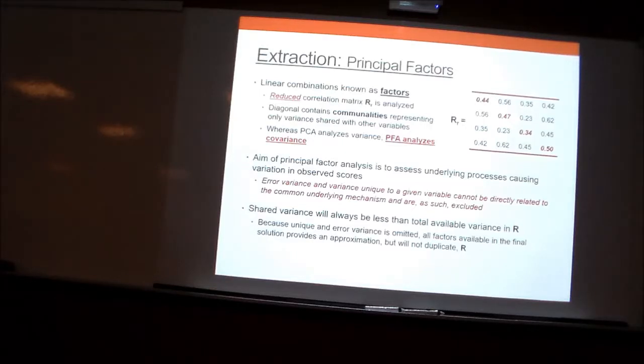If we're running a PCA and we've got 10 items, we can extract 10 factors and perfectly reproduce our correlation matrix, right? Because by the time we get to factors 7, 8, 9, that might just be capturing unique variability attributable to one item and just representing that, right? If we go through in a principal factors, and we've got 10 items, we can extract 10 factors. It'll approximate our original correlation matrix, but it won't perfectly reproduce it, right?